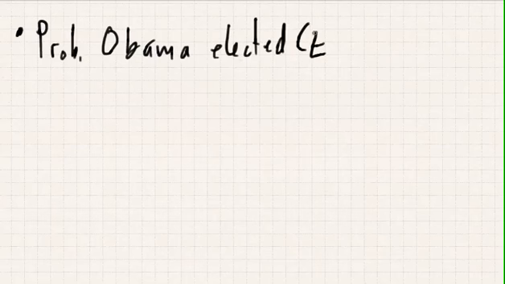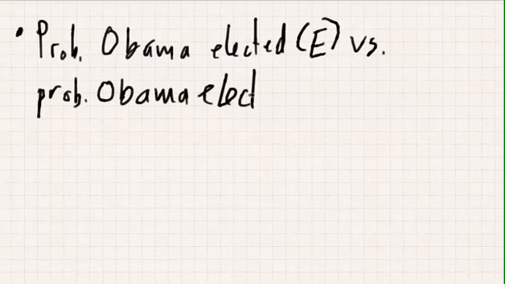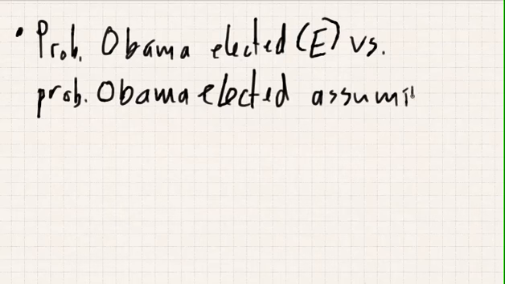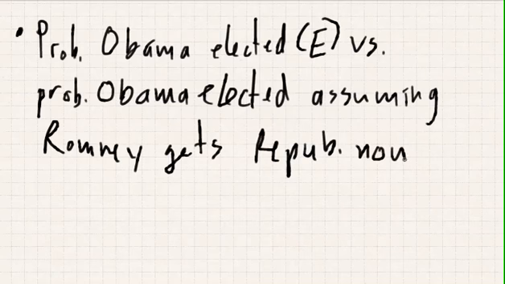That could be the event E, versus the probability that Obama is elected, assuming, say, Mitt Romney gets the Republican nomination, which in this case would be the event F. So this is something that we don't know to be true, but we might assume it's going to be true, and then try to come up with some probability that Obama is going to be elected, assuming that Romney gets nominated for the Republican nomination.